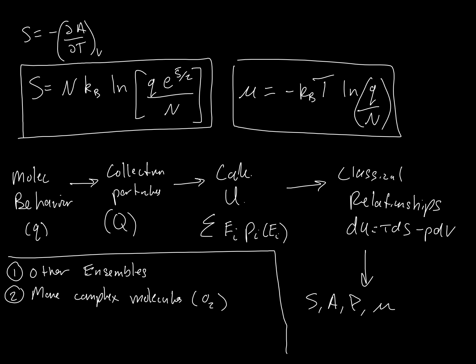Then we can make the individual molecules more complex: diatomic, polyatomic, expand from there. Then we start talking about interacting gas systems, low density systems. This is essentially where the virial equation of state came from.